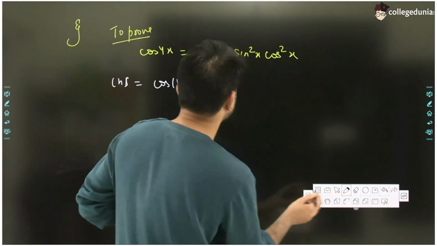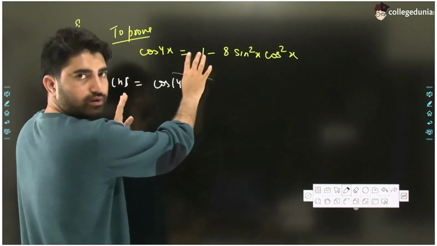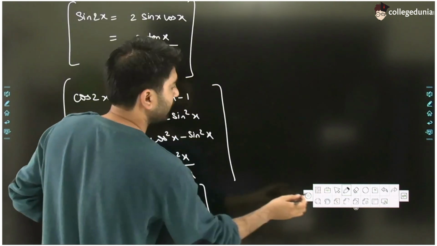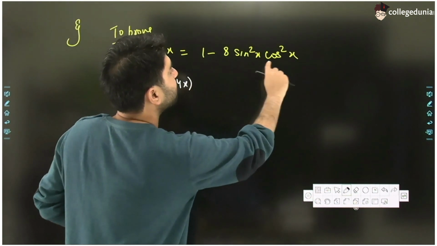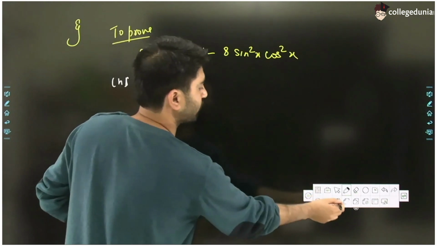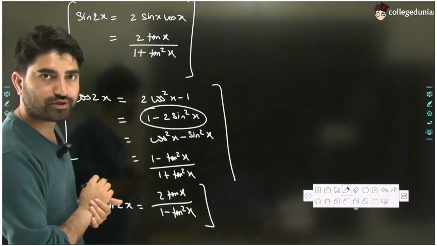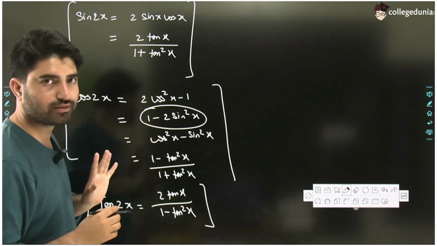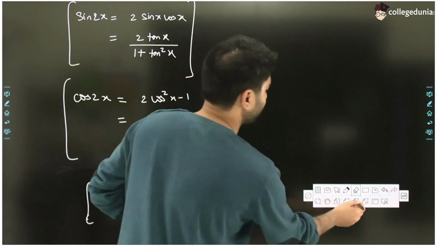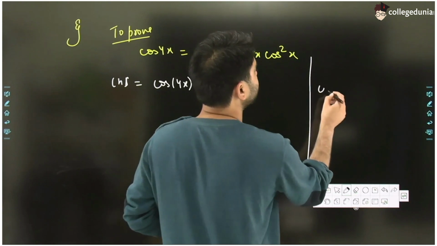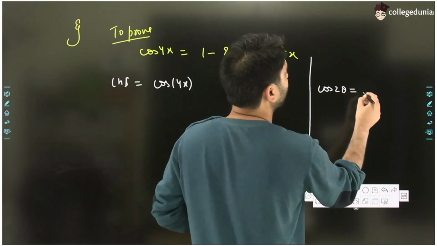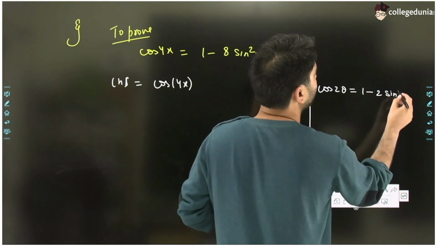First of all, we need 1, and then some expression will be subtracted from 1. So I think the second formula is matching in this situation, 1 minus 2 sine square x, right? We have a formula for cos 2 theta, which is 1 minus 2 sine square theta.